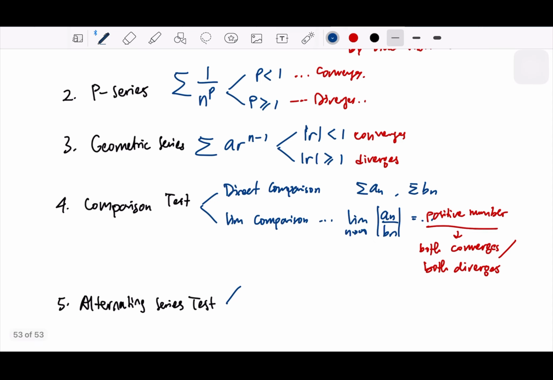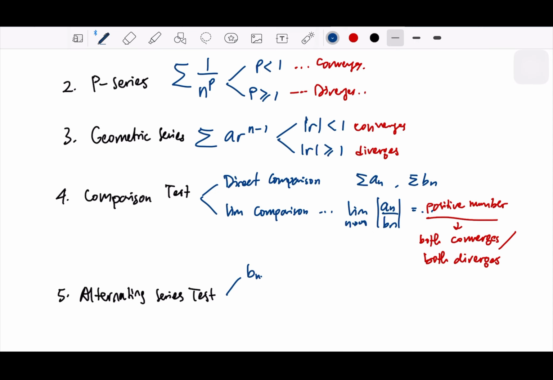So it has two components: b sub n plus 1 is less than or equal to b sub n, and the limit of b sub n should equal 0. If this is satisfied, then we have a convergent series. Also, for alternating series, you have several types: absolutely convergent, conditionally convergent, and also divergent.